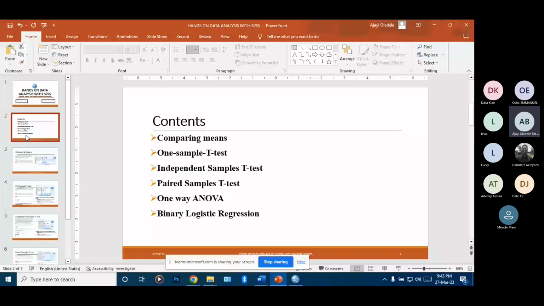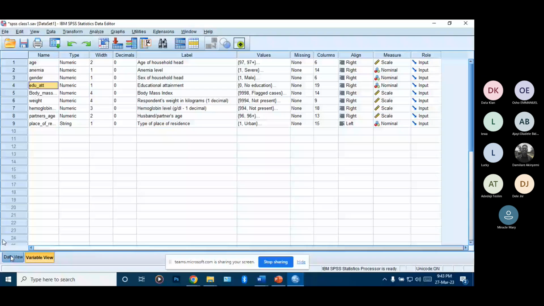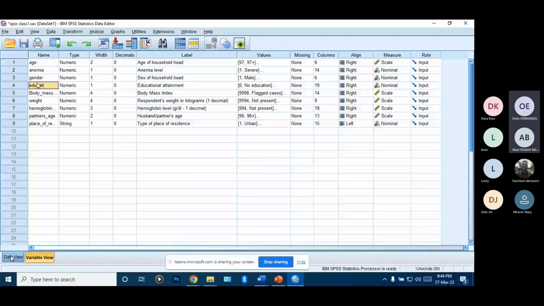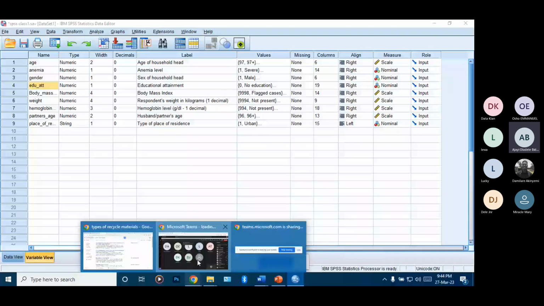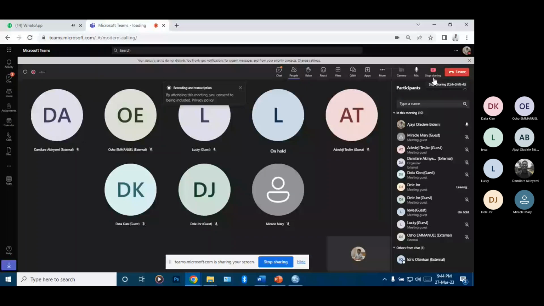Can we still see my screen? I can't see your screen. You are talking to us, but I can't see your screen. It's probably going to be network. Probably I should unshare and share again. Can we still see my screen? Yes, sir.